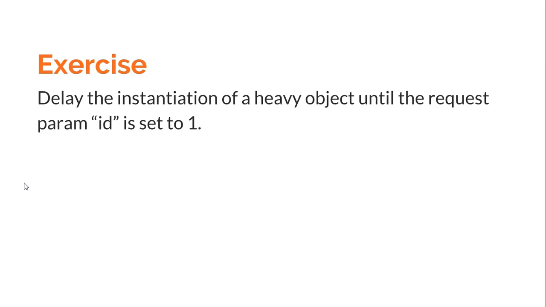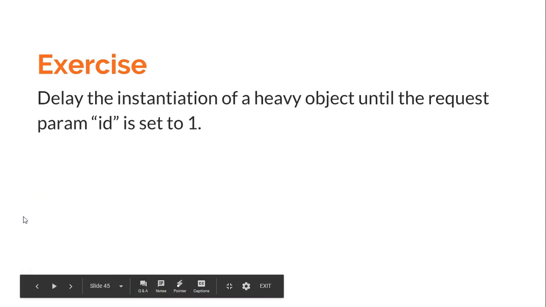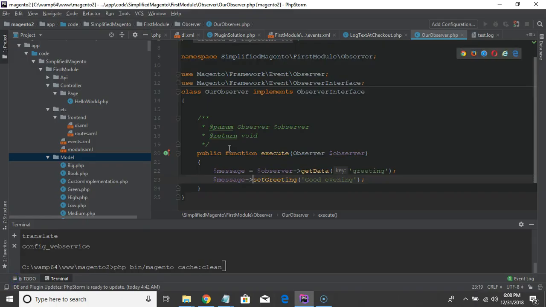Let's take this exercise. We are to delay the instantiation of a heavy object until the request parameter ID is set to 1. So let us do the coding. This is from our last tutorial.